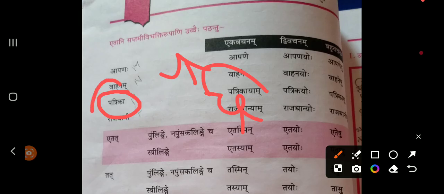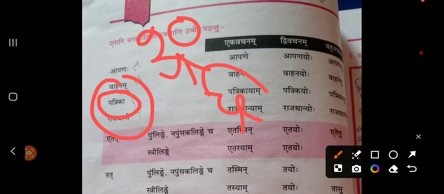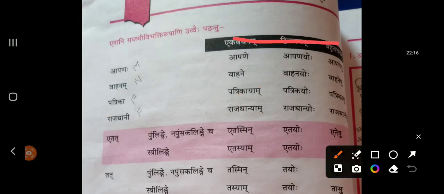There are nearly 20 to 25 of these Patrika kind of shabdas. If you learn those 20 shabdas by heart, Pradama Vibhakti, Dvitiya Vibhakti till Saptami, then you can write these kind of forms for n number of words. For any word, you can write those forms. So that's what I mean.